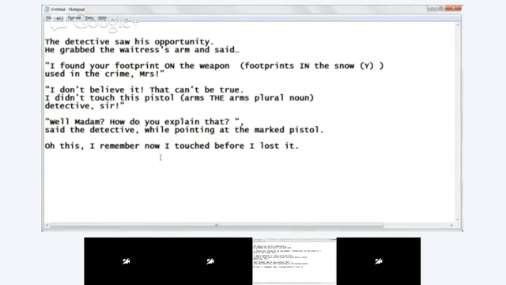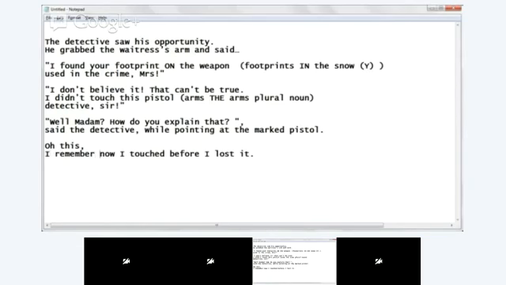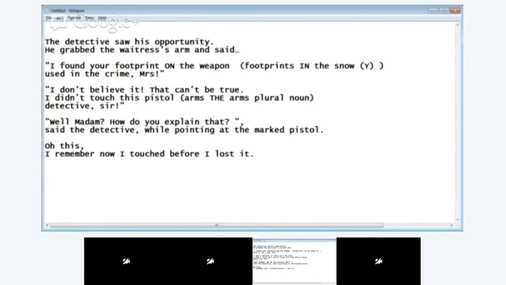I touched before. If we use remember to speak about something in the past, well, there's two ways to use the verb remember. We've got remember plus to plus infinitive, and we've got remember plus gerund. Here's two examples.